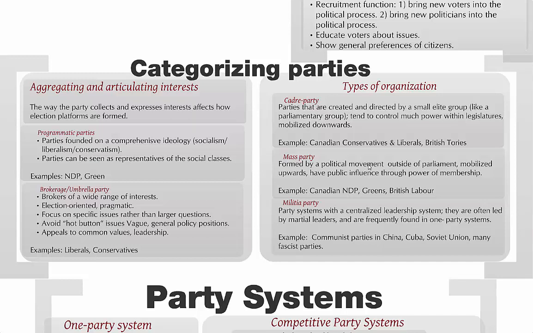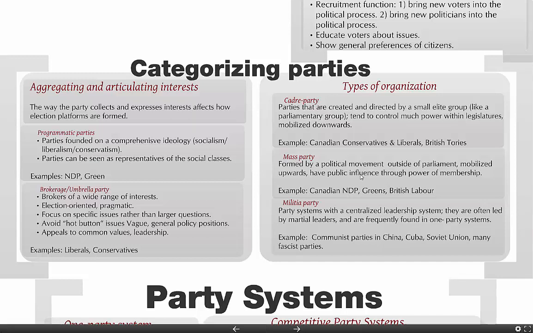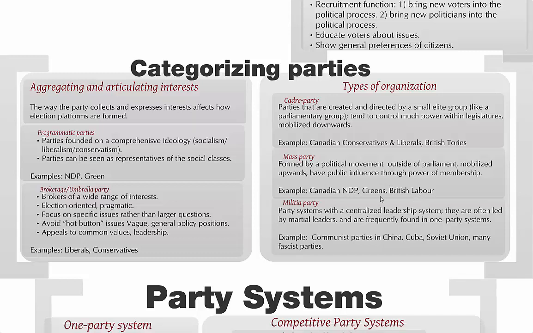So they had an organization when they entered parliament. And so they have that public influence through the power of membership. Social Democrats, very common here, both Canadian NDP and British Labour. Greens are also an example of that, having been formed from the environmental movement and then entered parliament.